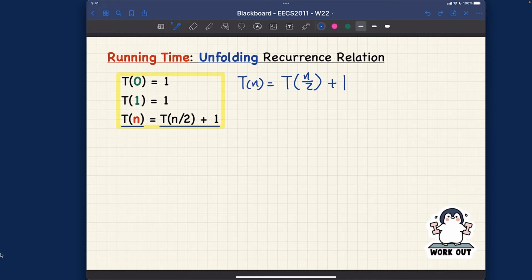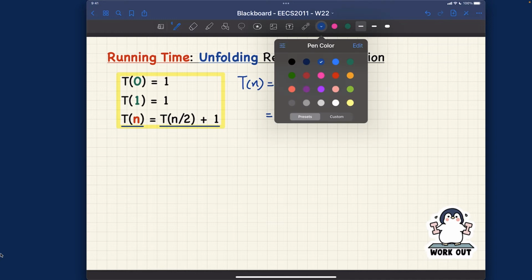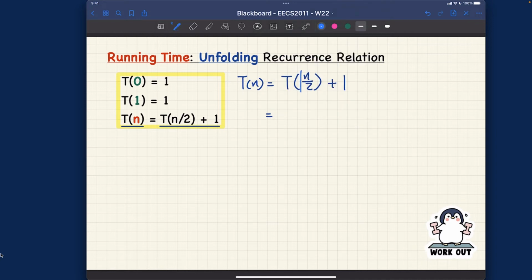So what I will do is put n divided by 2 into a box, which means I'm going to substitute n over here by n divided by 2. So that will be n divided by 2 and then divided by 2, which will be n divided by 4, and then plus 1. Agree?